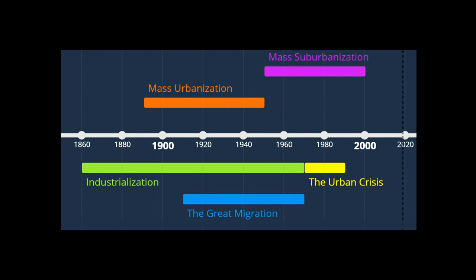You combine this with the exodus of middle class and working and wealthy people from inner city neighborhoods, and it has some detrimental impacts on black communities who are just beginning to settle, just beginning to thrive in urban America. So not only did people with means leave the city, but also jobs left the city.